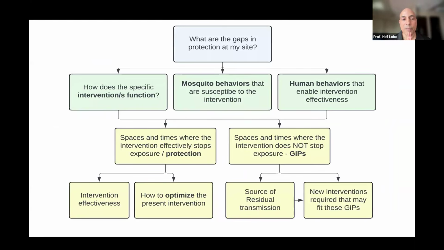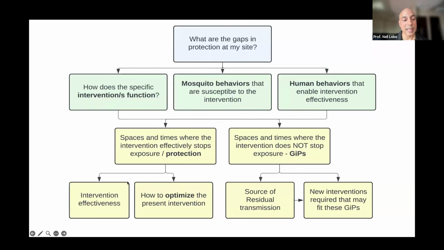And so with the vector intervention, we would want to look at how the vector intervention functions, what the mosquito behaviors are, and what the human behaviors are. And I'm going to go through human behaviors in a bit, and this is actually, to me, super important. And when we analyze these three together, we can understand the protections as well as the gaps in protection.